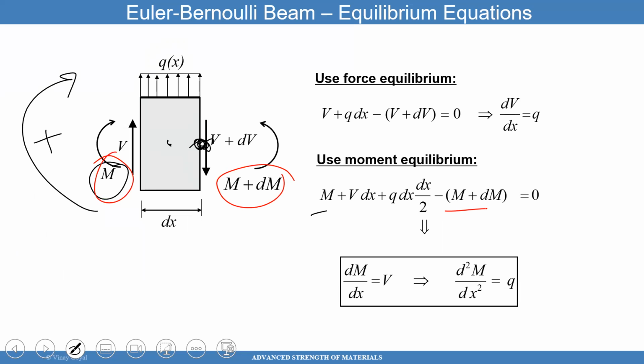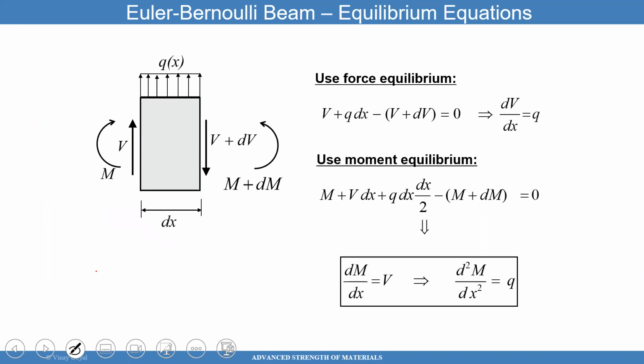And then I have V. V times this dx should be the amount of moment, and it is in the positive sense according to this convention. The reason is that you can put your fingers so that they're aligned along the load, and then you're rotating in the direction of the distance we're looking at here.